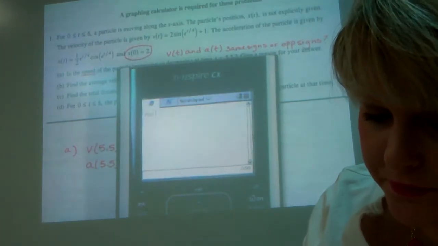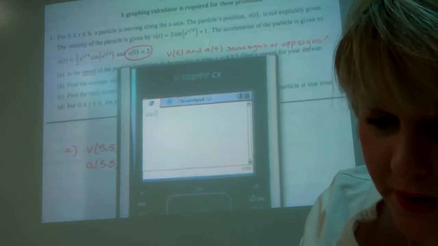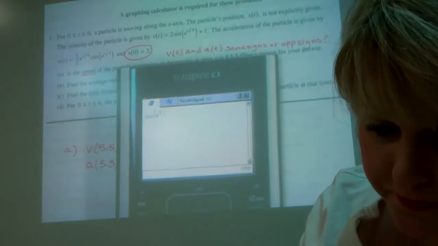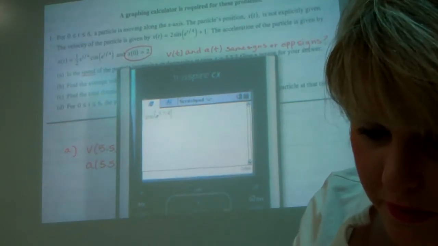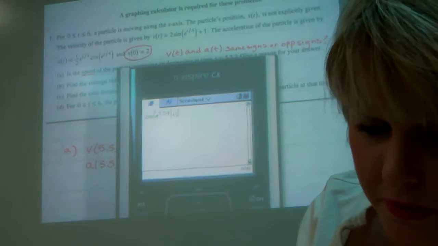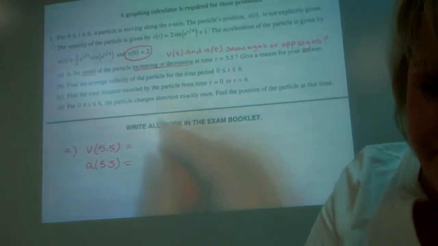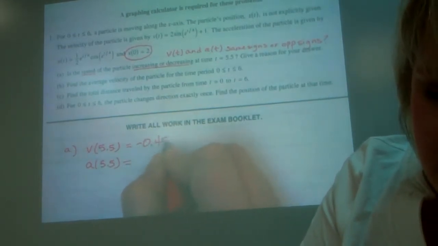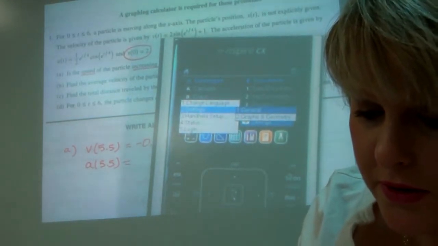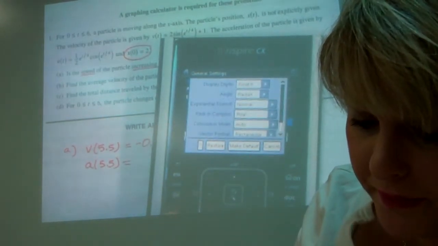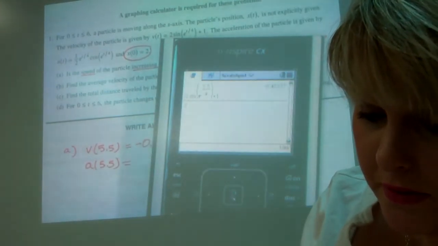So if I plug 5.5 into this first equation, I get negative 0.453. Let me make sure I have it in radian mode. Yeah.